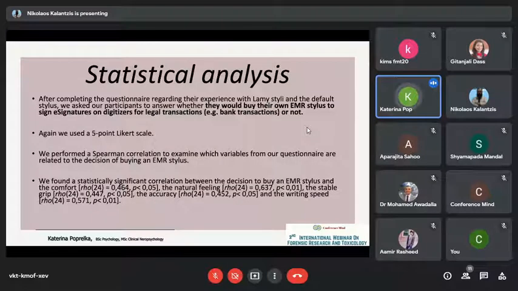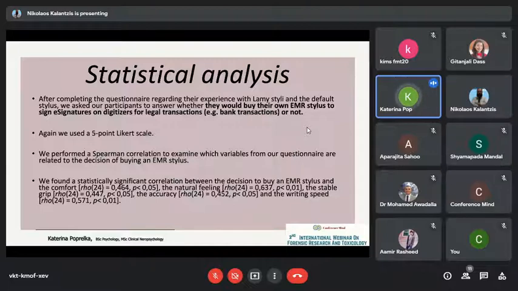Next slide, thank you. Now, after completing the questionnaire regarding experience with the LAMY styli and the default stylus, we asked our participants whether they would buy their own EMR stylus to sign a signature on digitizers for legal transactions or not. Again, we used the 5-point Likert scale.